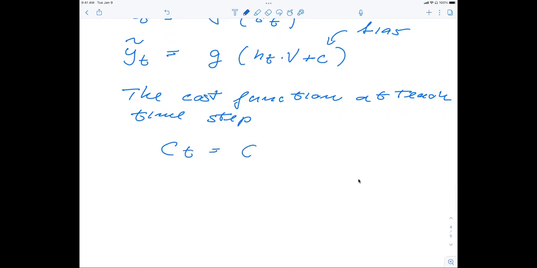That function C of t takes in x of t, it contains this h of t, it contains y tilde of t, and then it contains y of t here. This is one of the quantities which we want to minimize. Now, one of the drawbacks here is that you have to compute the gradients of this loss function with respect to the parameters.